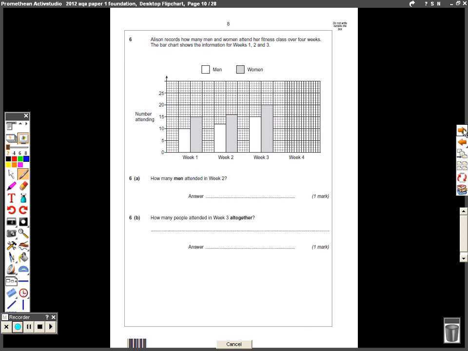On to question 6. Sorry, that's the one we've just done. I should remember that I should have gone back to the bar chart and filled in week 4.